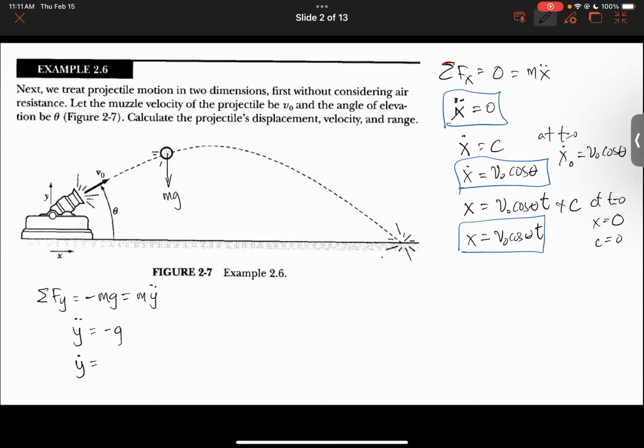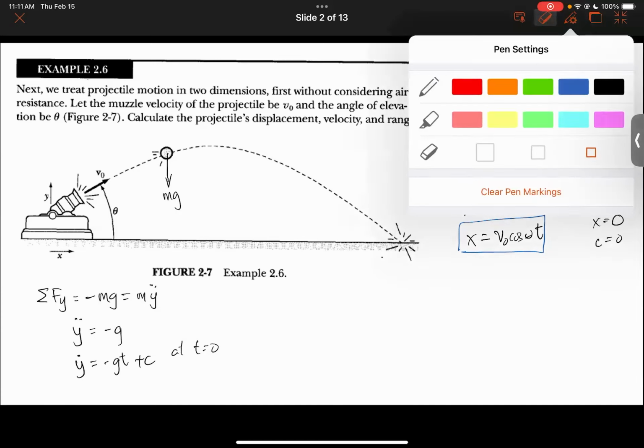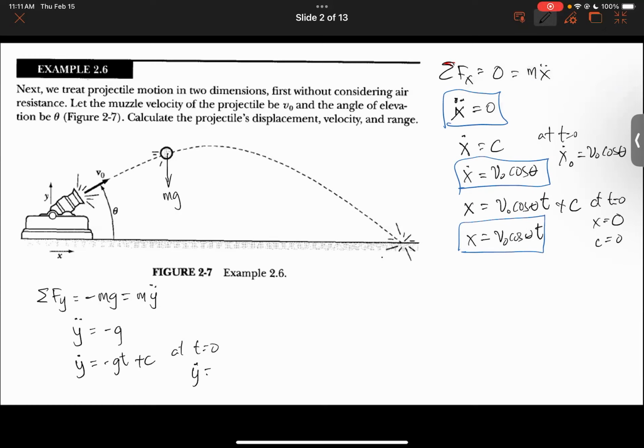And so y dot is equal to negative gt plus some constant, and then apply the boundary condition na at t equals 0, yung y dot is equal to the initial velocity along the y-axis. Okay, and so this will give us y dot is equal to v naught sine theta minus gt.